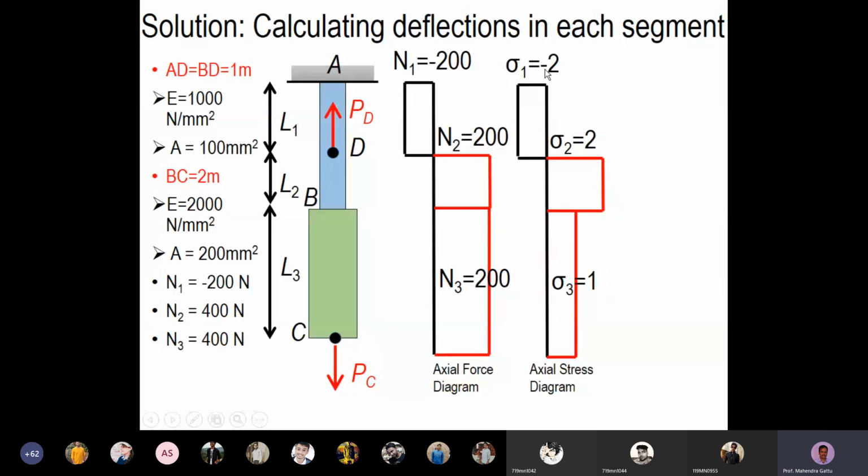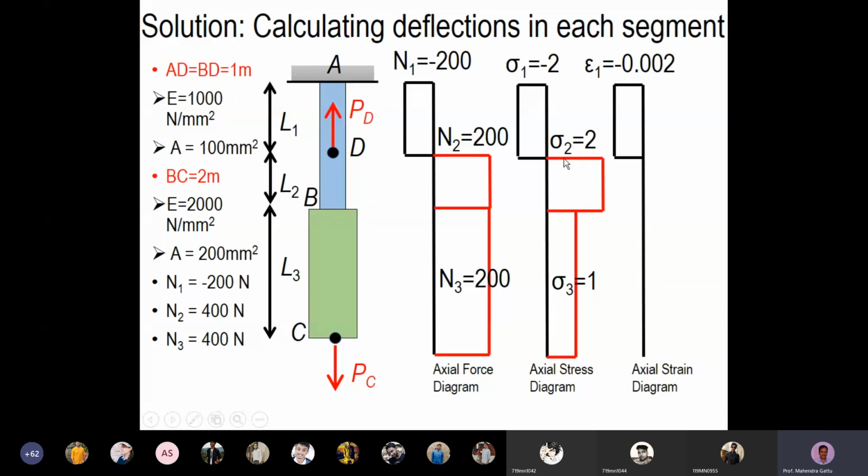Now we can apply Hooke's law and get the strain in this bar. We calculate the axial strain diagram by taking sigma 1 by E1. Here E1 is 1000, so it will be minus 0.002.